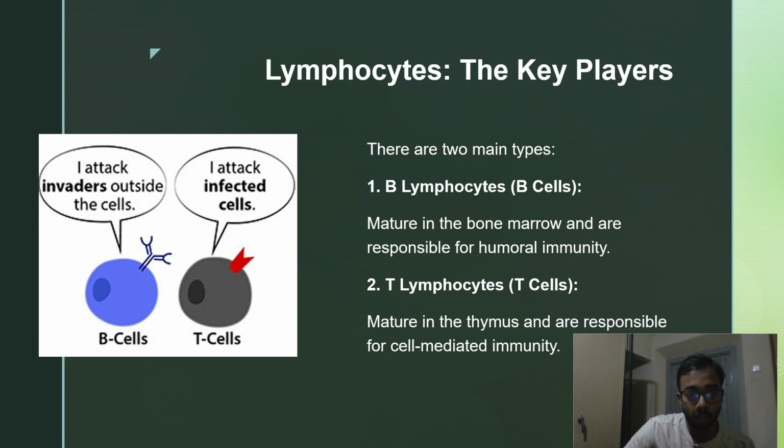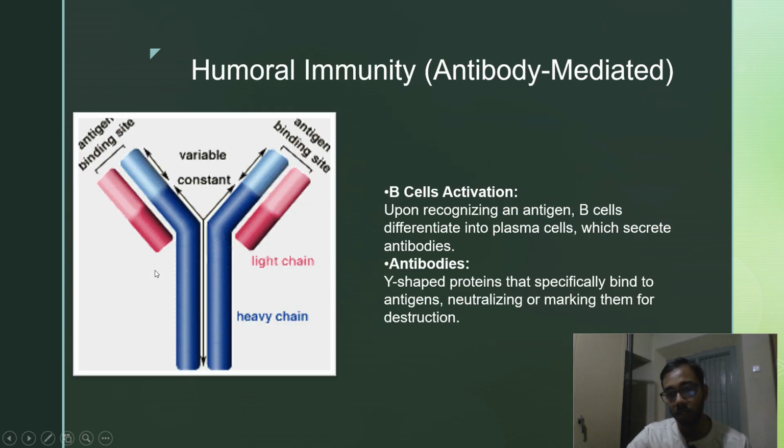When the B cell matures into a plasma cell, the plasma cells can secrete this antibody into the body fluid. So it is not the B cell that secretes antibodies, but the plasma cell. Antibodies are Y-shaped proteins or immunoglobulins that specifically bind to antigens. After binding, they can either neutralize that antigen or mark them for destruction.